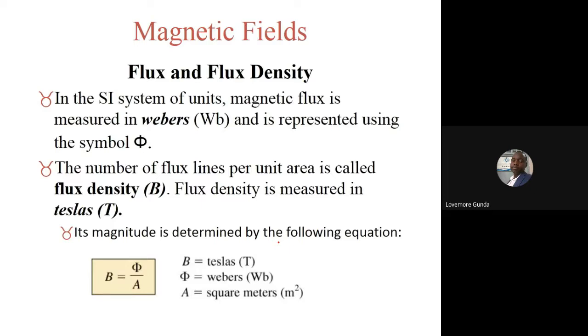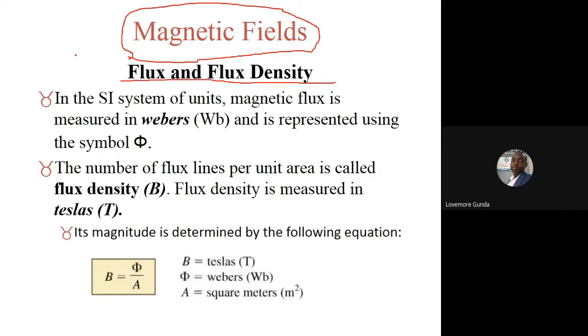Then the next thing, we also want to get the characteristics of the magnetic field, in as much as we also deal with the characteristics of the electric field. So in magnetic fields, we still have flux and flux density.